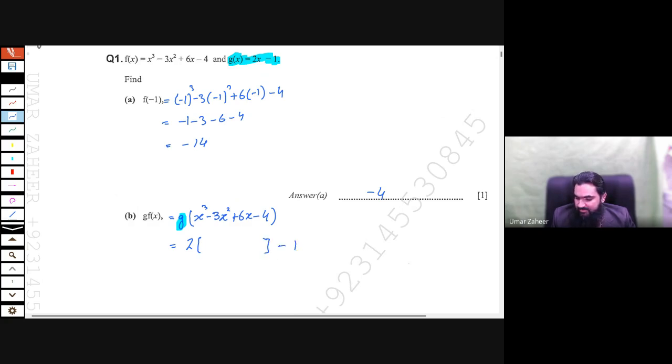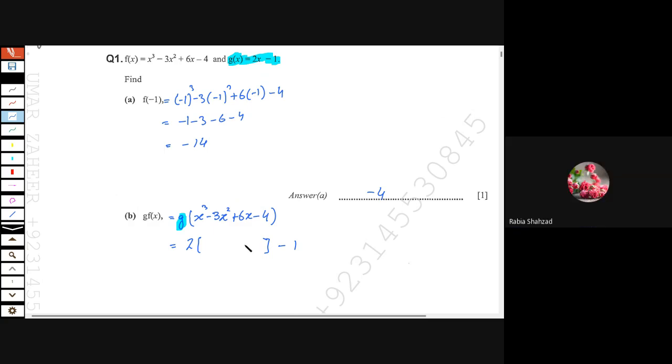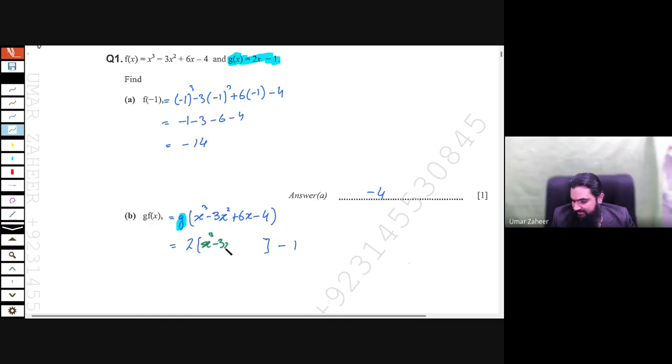What we have to substitute at the place of x? It will be x cubed minus 3x squared plus 6x minus 4. We have to substitute x cubed minus 3x squared plus 6x minus 4.